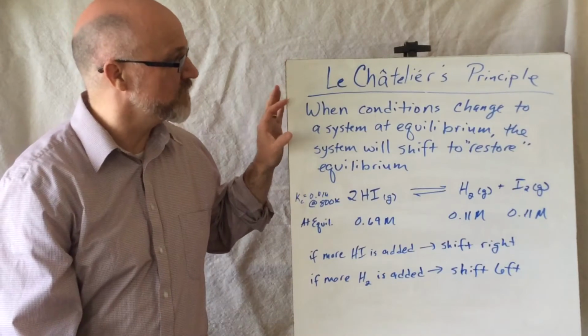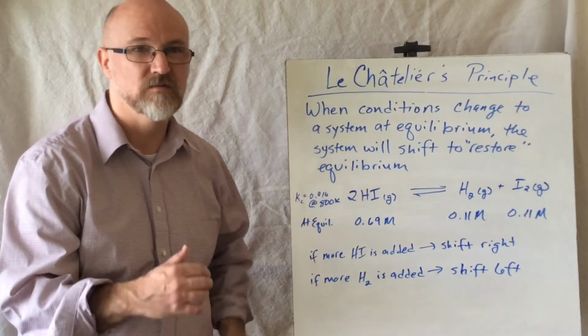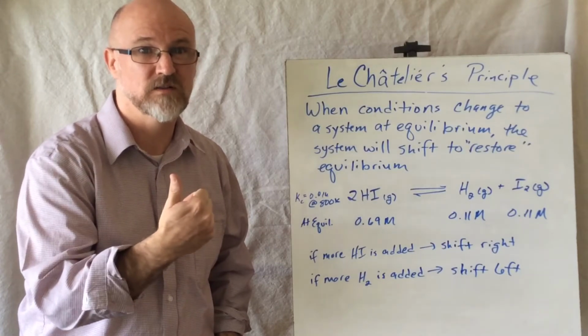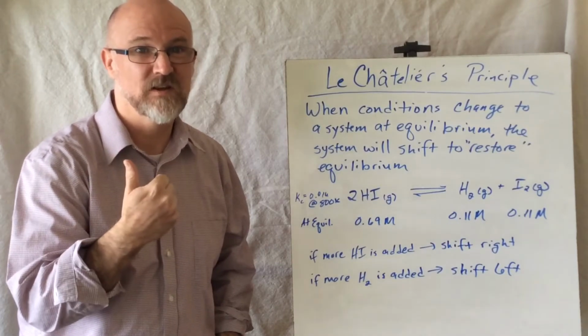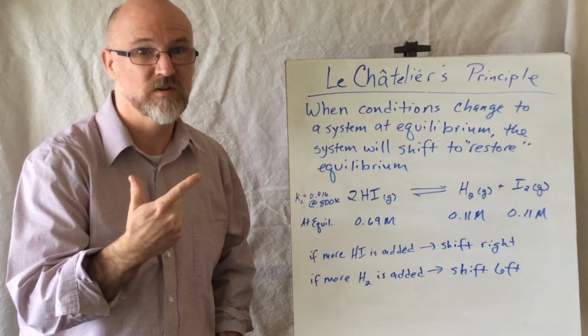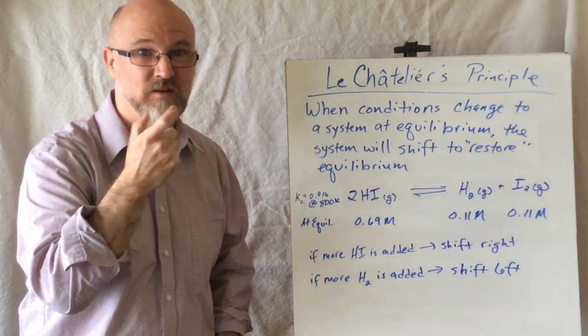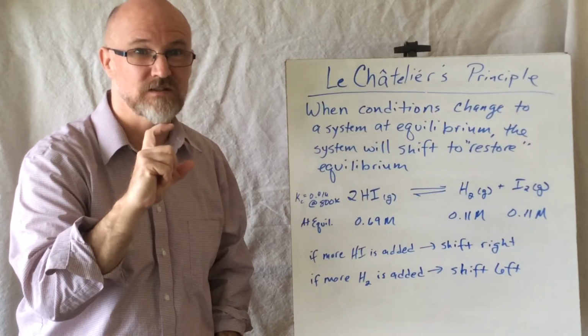So when the conditions change in a system, what am I talking about? Concentration of reactant or product. If it's a gas, it's sensitive to pressure and or volume, because those two things are interconnected and move in opposite directions with gases.